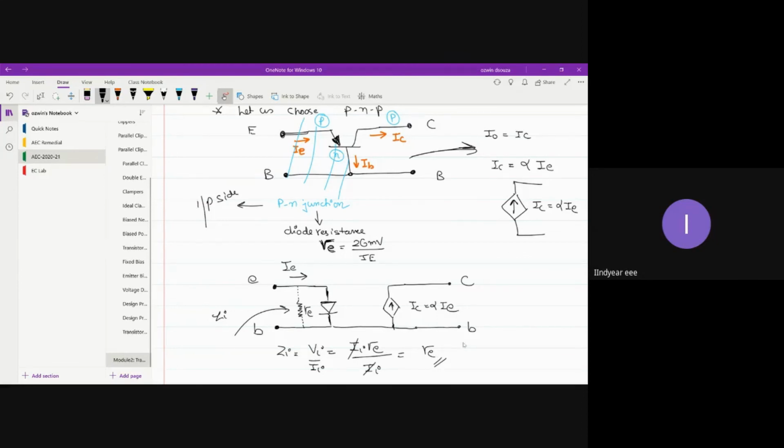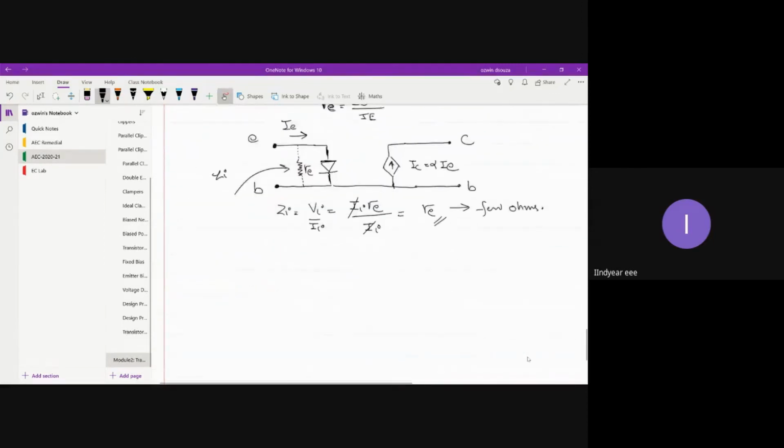So II gets cancelled and your ZI becomes RE. The normal range for RE is a few ohms. That's the reason your common base configuration offers very low input impedance. On the other hand, your common emitter configuration had input impedance equal to beta times RE. Beta value is generally 100, 200, etc. So the input impedance used to get scaled up for common emitter configuration.